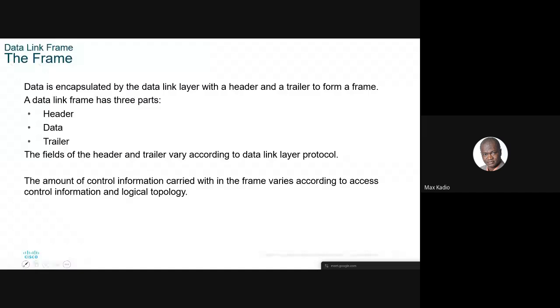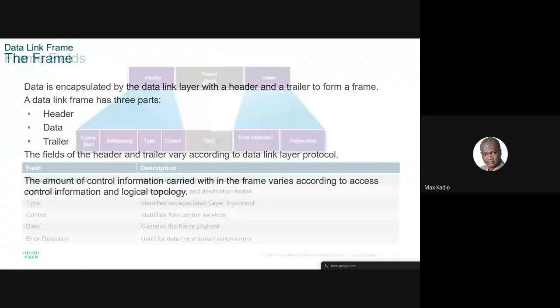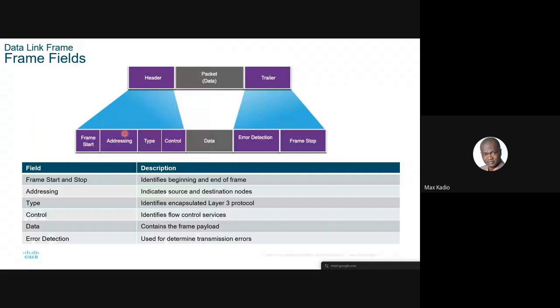The frame is the envelope we see at layer 2. So this is your data coming from the top down, the OSI. When it reaches layer 2, it's going to add other info, like MAC addresses.